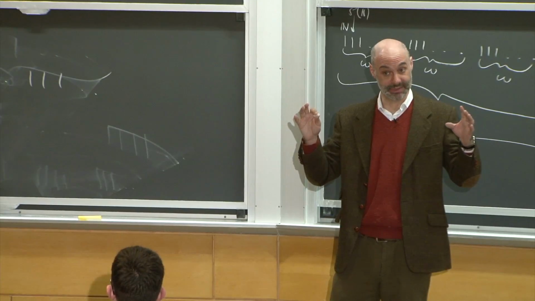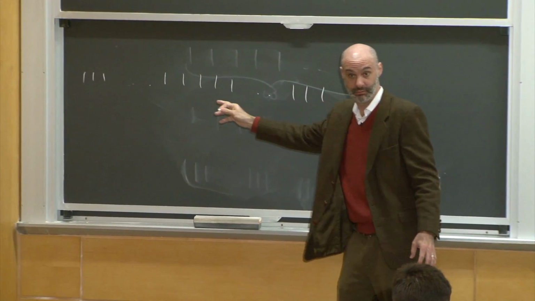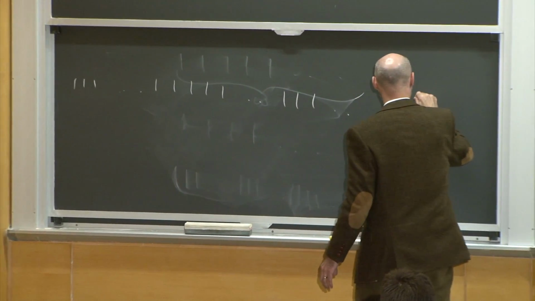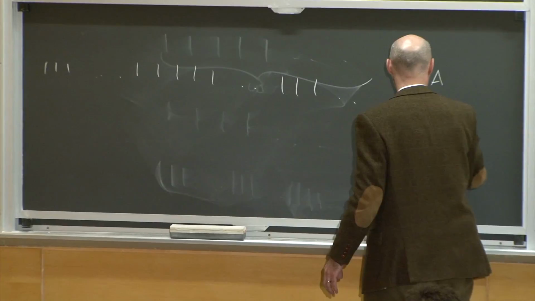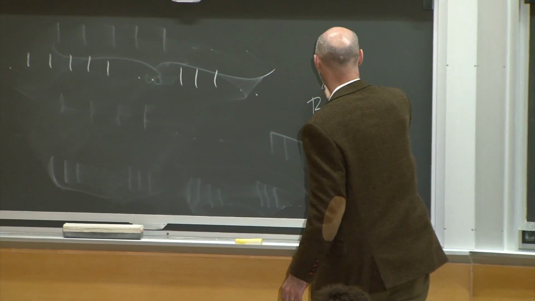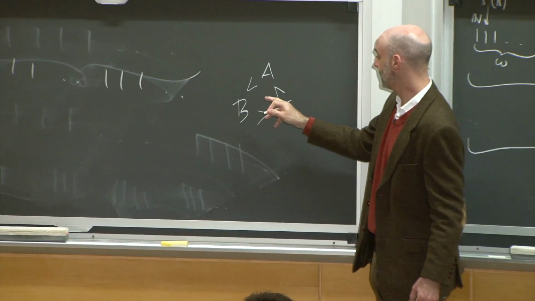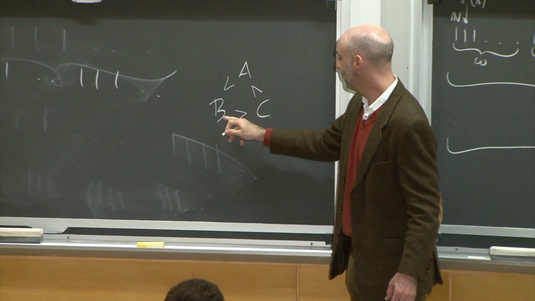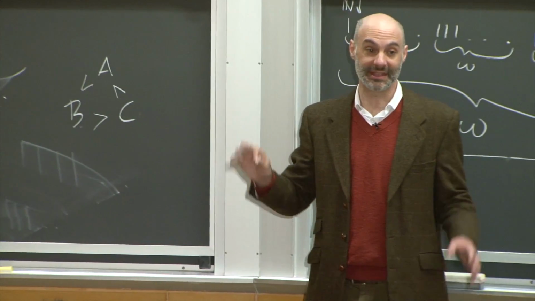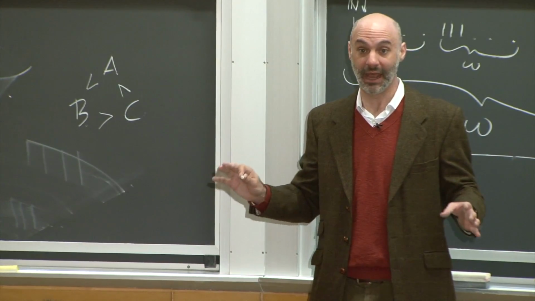So that means, in particular, that we don't have any loops. So for example, this is something that could happen. Suppose you have this weird ordering where you say A is bigger than B, and B is bigger than C, and C is bigger than A. So that's a loop. That is not a linear ordering. In a linear ordering, that doesn't happen.